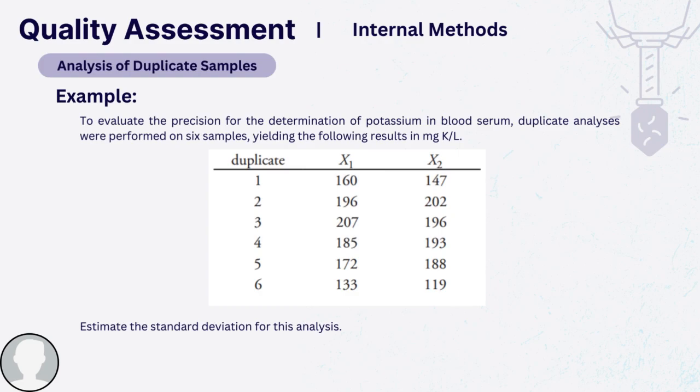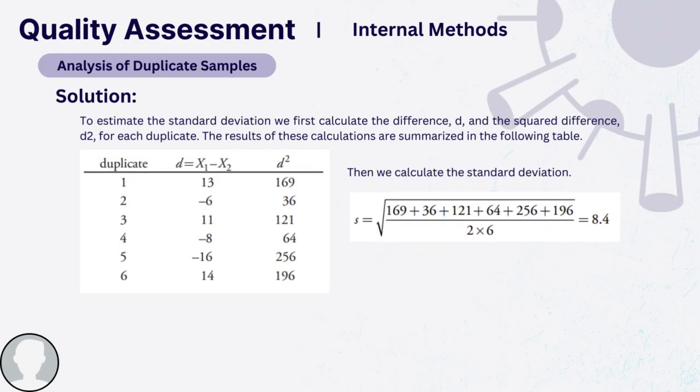The problem states that we have to estimate the standard deviation for the analysis. You can pause the video if you need more time to answer this problem. As for the solution, to estimate the standard deviation, we first have to calculate the difference and the squared difference for each duplicate.